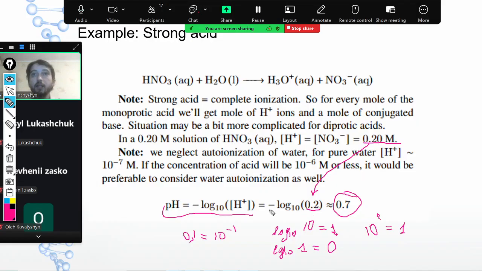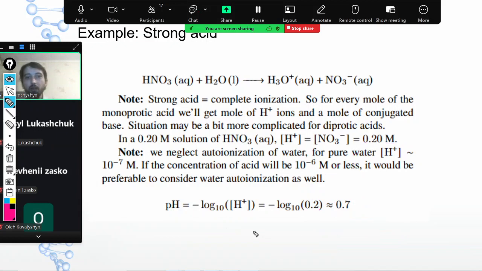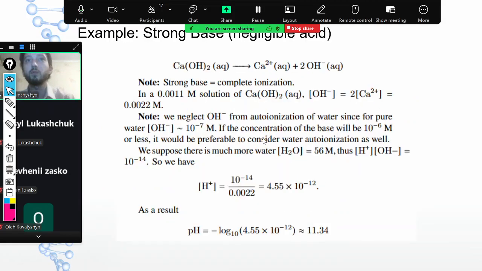And this minus is then compensated by the minus that comes from the definition of the pH. So that's why we get a positive number at the end of the day. Yeah, thank you. I see. Good. Okay. I just remembered that I have something like that as homework for you, so that's why I'm spending so much time on this. I want to be sure that you can calculate something similar.